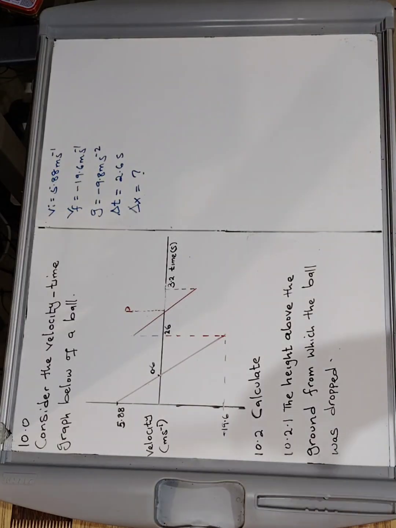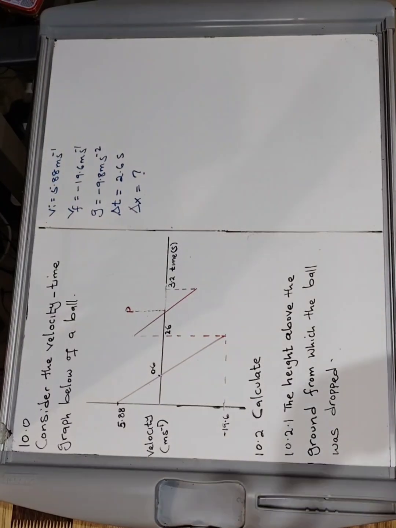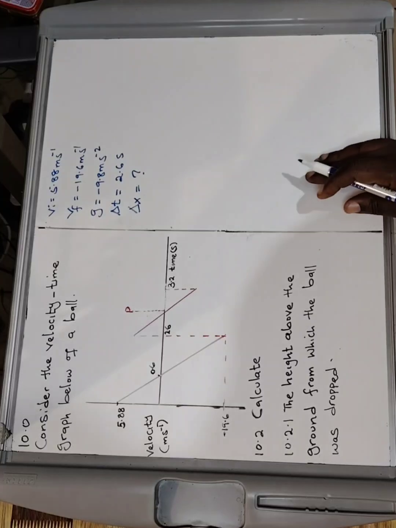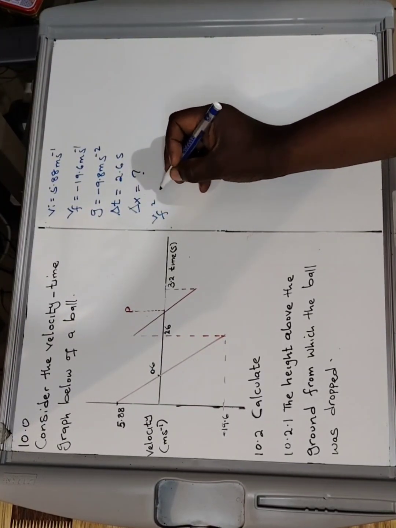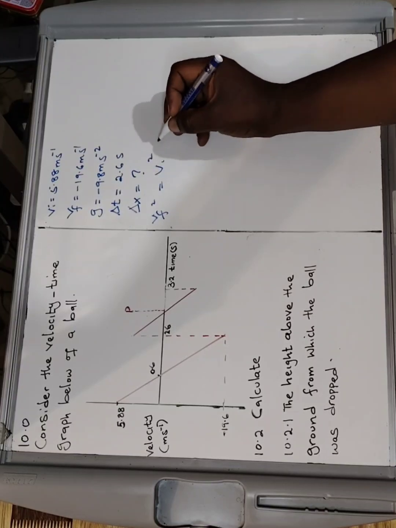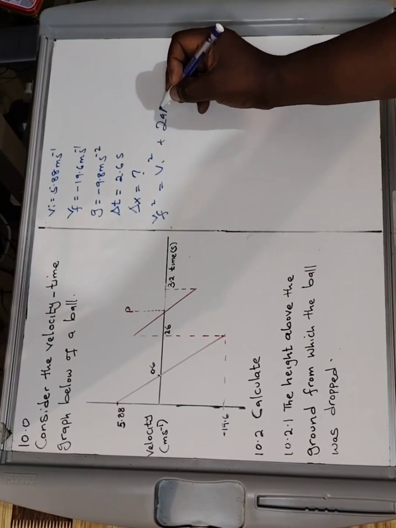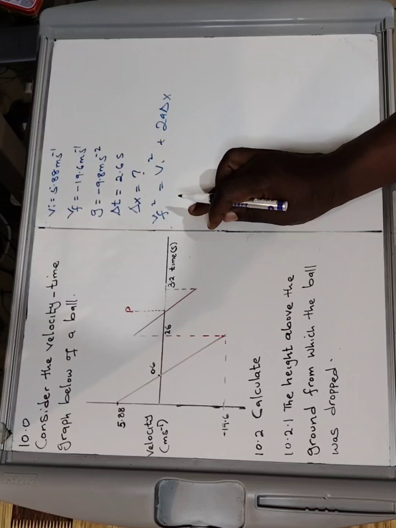So we have more than one equation to use. We can use the third equation. We can use the second equation. Both of them are applicable. So if we use the second equation, which says Vf squared is equal to Vi squared plus 2a delta x. On substitution, what do we have?